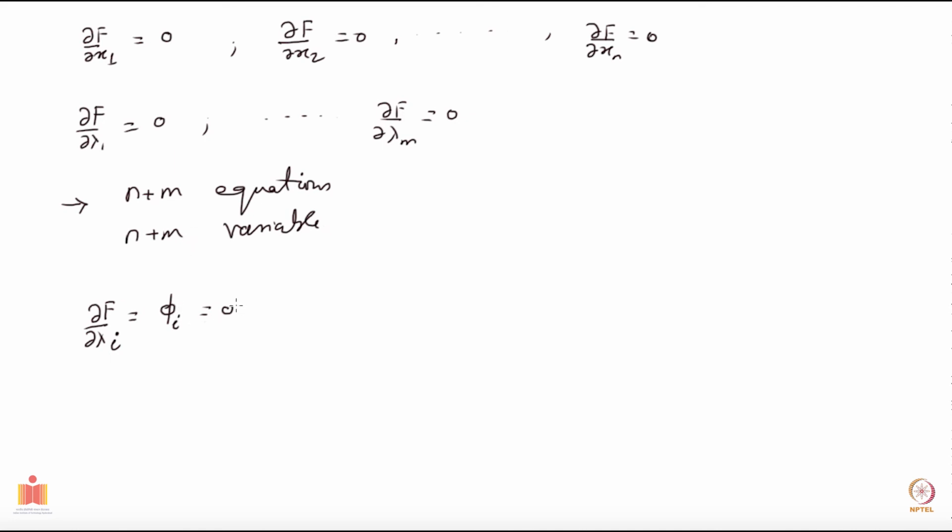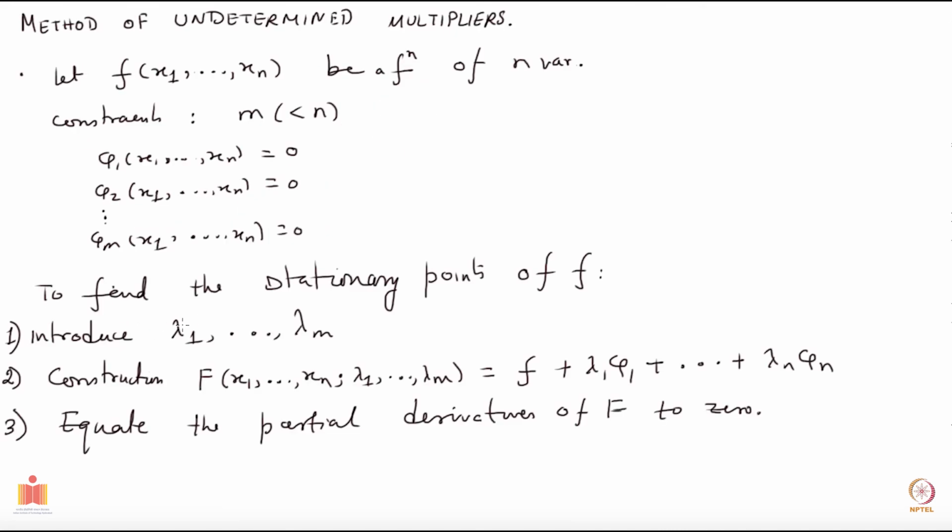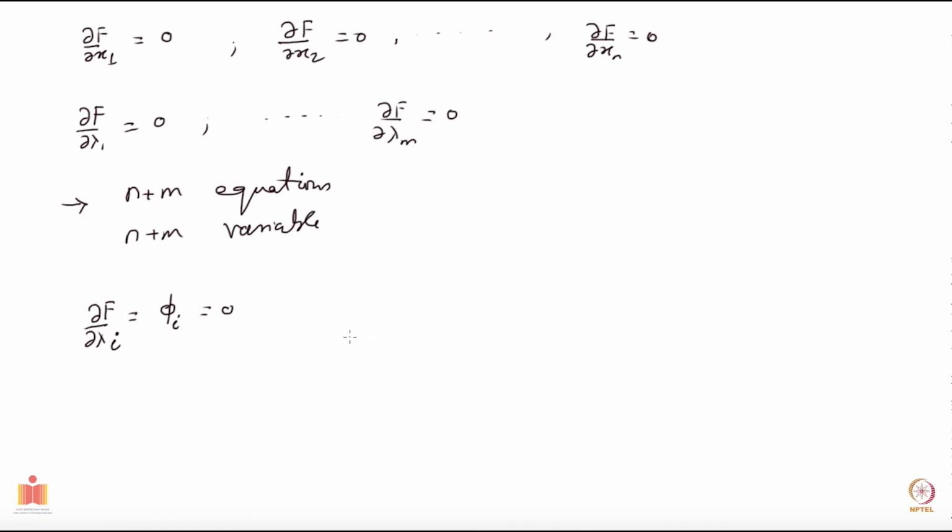Then you have the partial derivatives with respect to x1, x2, and so forth, and together with these conditions you get back your delta f over delta x1 equal to 0, or small f over delta x2 equal to 0. That is why this system of equations provides you the stationary point of the small f together with the conditions. That's why this constitutes a solution. And these lambda i's are called Lagrange multipliers.